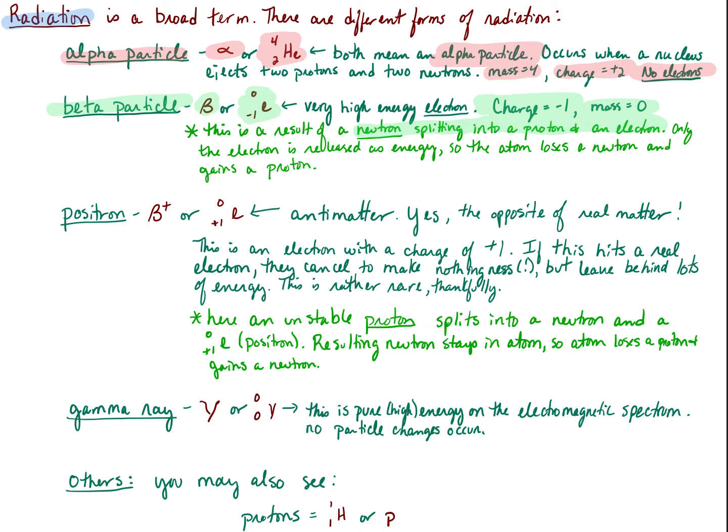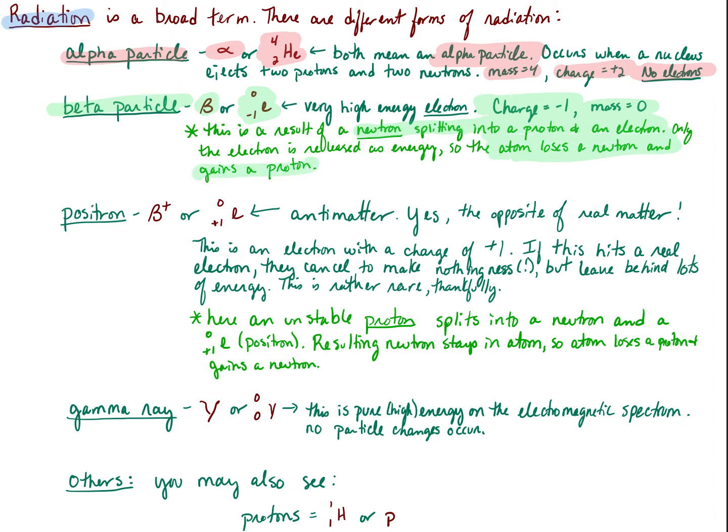So a neutron can basically split itself into a positive and negative. Its mass and its positive charge go to make a proton that stays in the nucleus, and it ejects a negatively charged electron. The atom loses a neutron and gains a proton in this case.